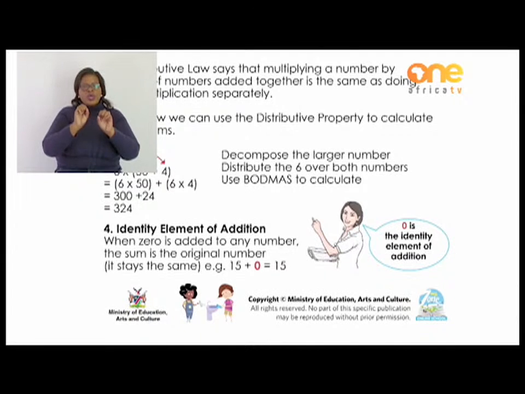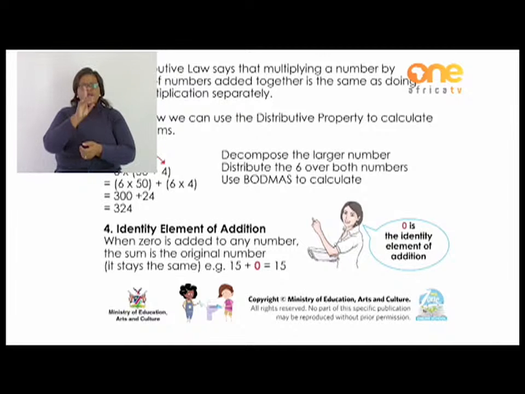If you are to expand 54, expanding, I've done a video or presentation for expanding. So to expand 54, you can say 50 plus 4, and that has to be inside the brackets. And then you have to distribute 6 to 50 and 6 to 4. And you have to go on until you get the answer.